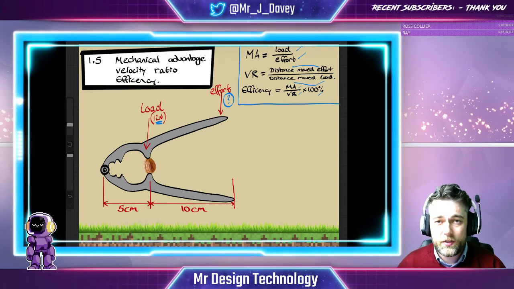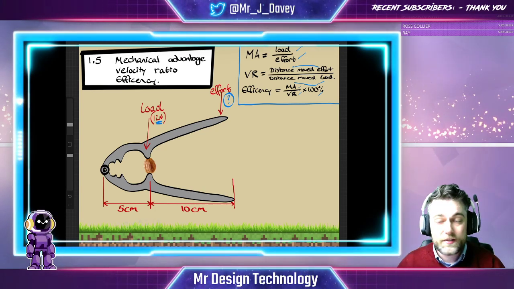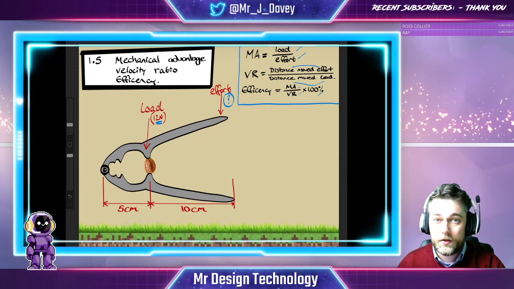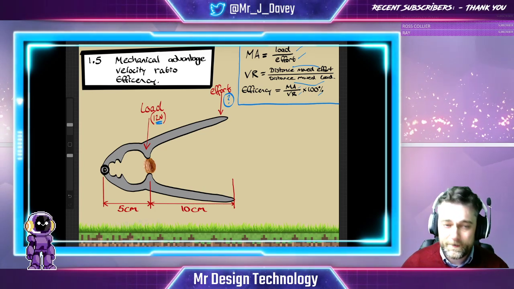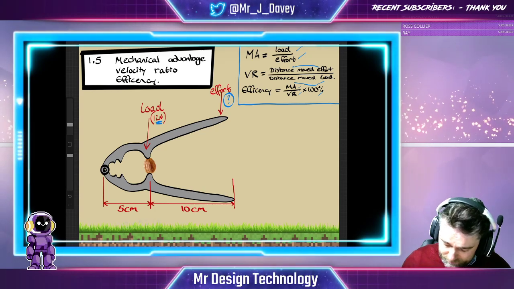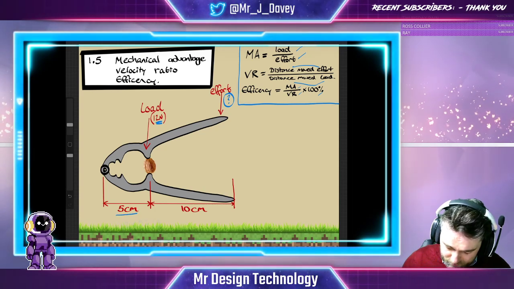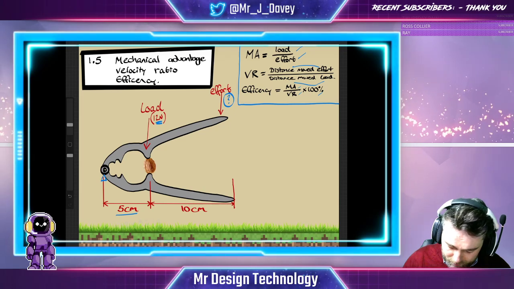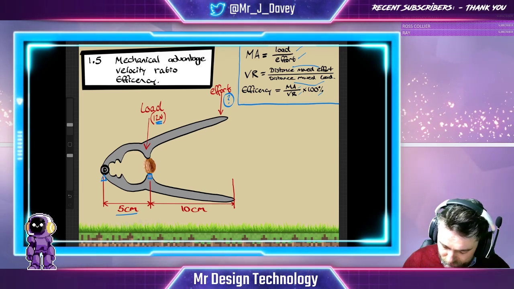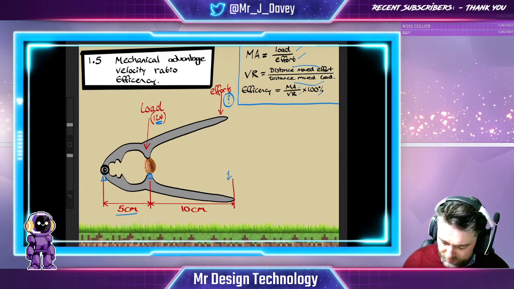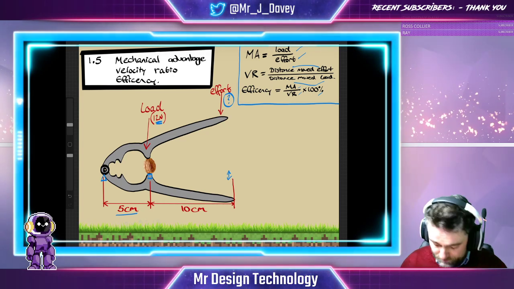I'll tell you what we can do in the meantime, which is work out the velocity ratio, because the figures we need are both sat there. We have down here our 5 centimeters, which is between our fulcrum and our load, and then we have our effort over here, which is 10 centimeters.